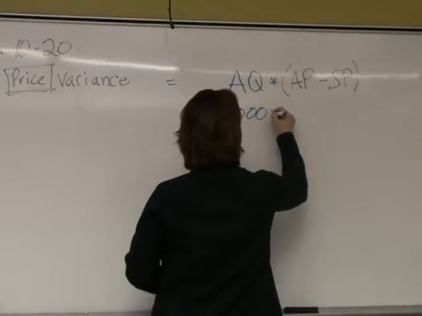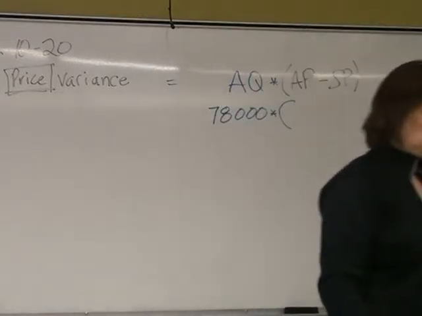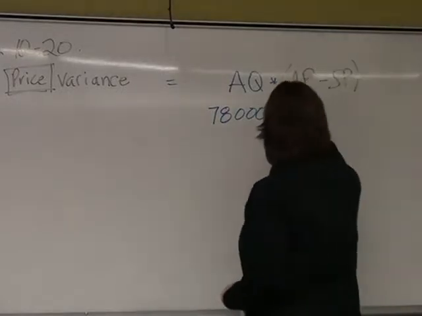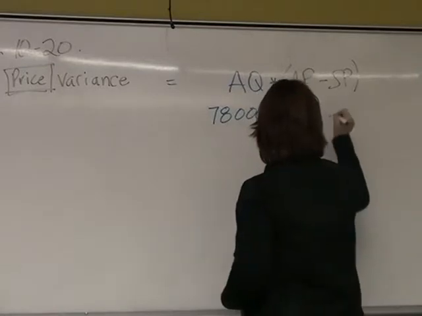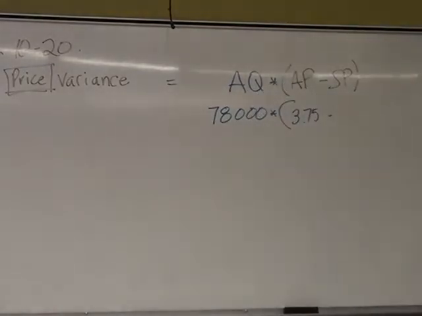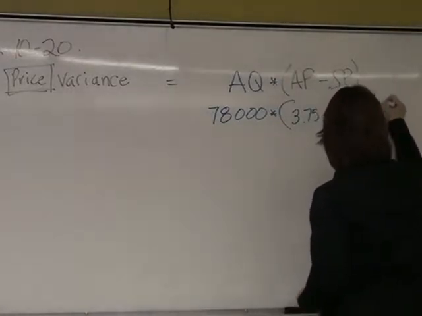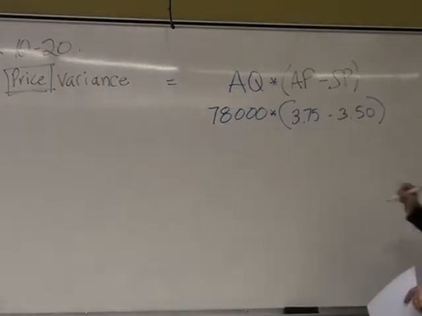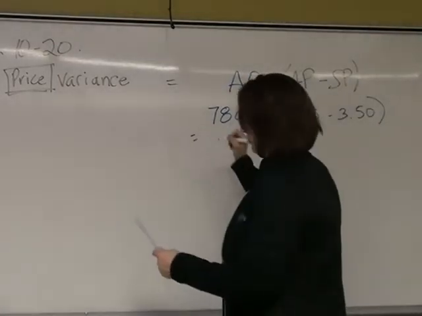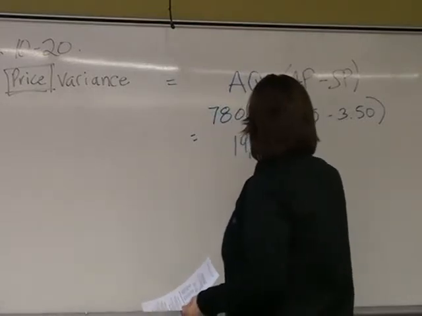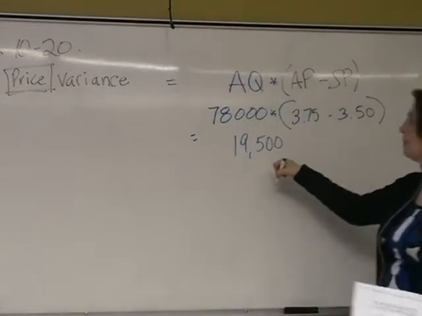We multiply that by the difference in price: the actual price per meter was $3.75, and the standard price was $3.50. When we multiply that out, we get this number.